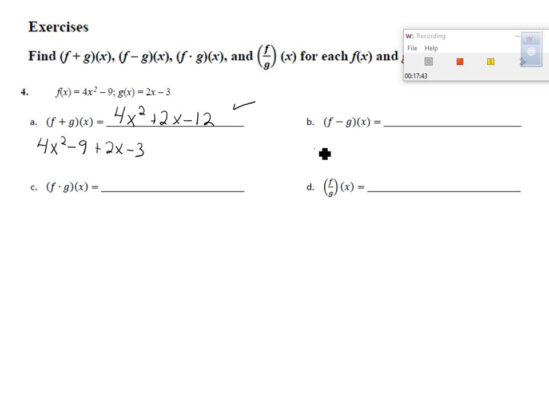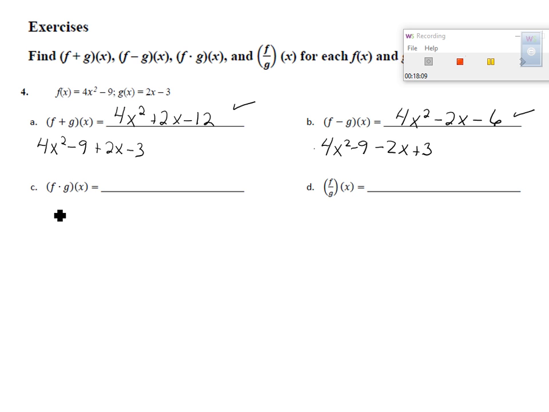Here comes f of x minus g of x. I'm going to go 4x squared minus 9 minus 2x plus 3. Combine your like terms. So I'm going to get 4x squared minus 2x minus 6. Stop. We're done. We don't have to worry about any restrictions because we did not divide.